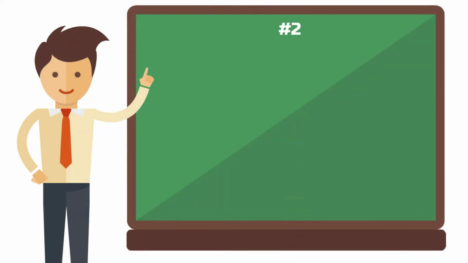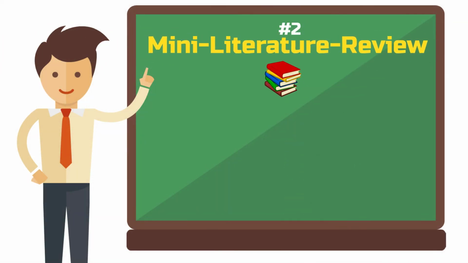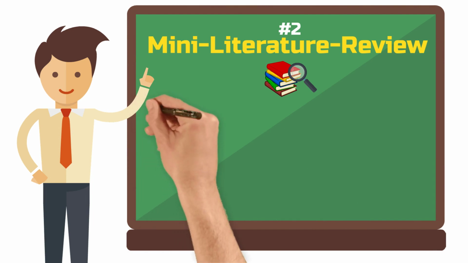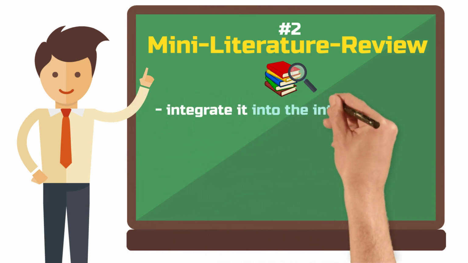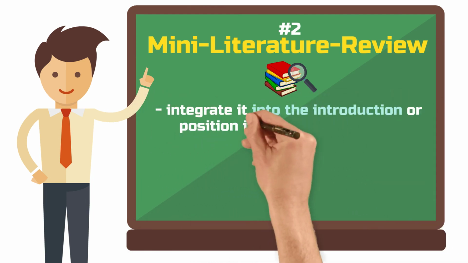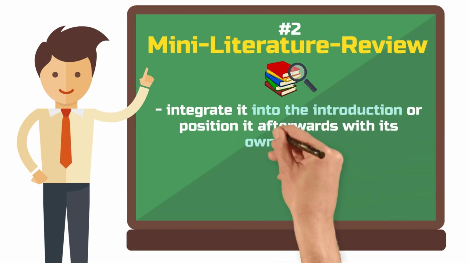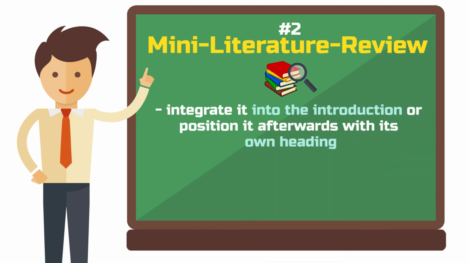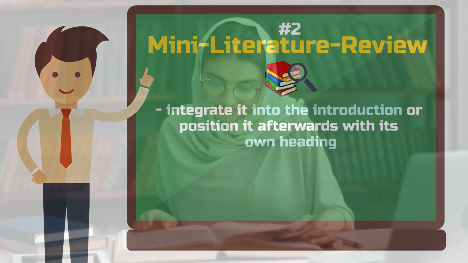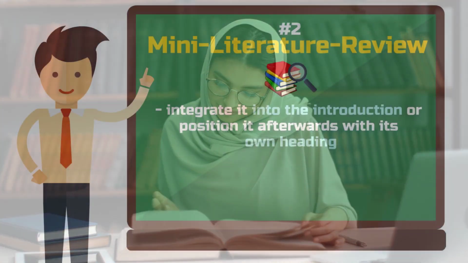Step 2. A mini literature review. You can integrate this part of your proposal into the introduction, for example, before you propose your research question or questions, or position it afterwards with its own subheading. Where you place it is not so important. The important thing is that you demonstrate that you have conducted an initial literature search.